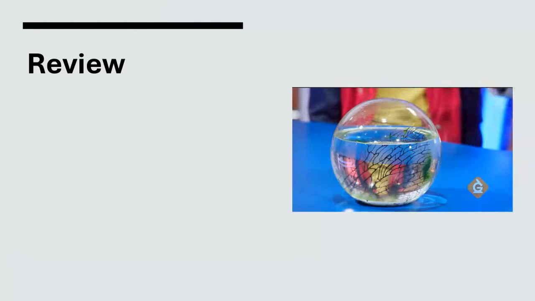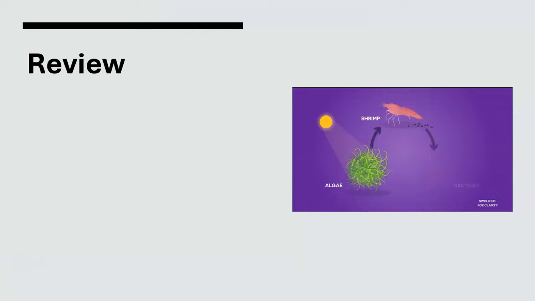Let's look at our sealed ecosphere as an example. In our ecosphere, light energy helps the algae grow. The algae is then eaten by the shrimp. When the shrimp poop, tiny bacteria in the water feed on it. The bacteria then convert that poop to nutrients that help the algae grow. Wow, it's like a cycle. Exactly.